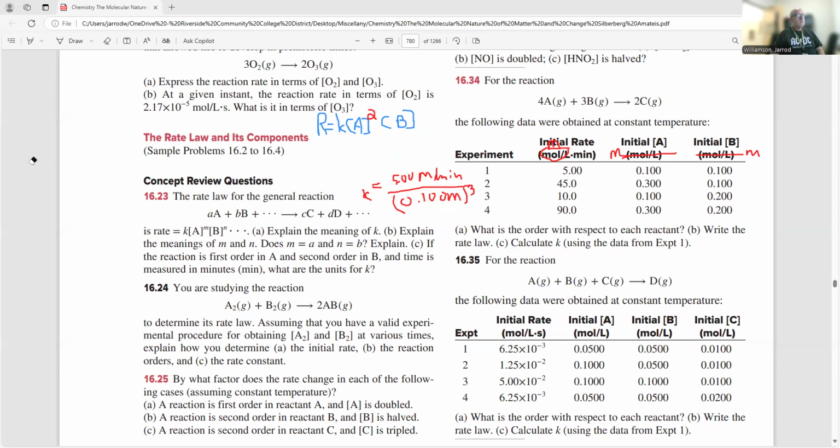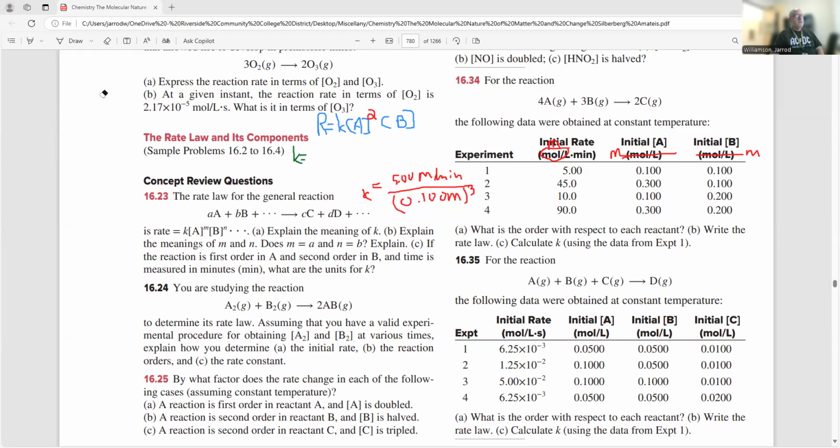Okay. End up with K equals 5,000. And it's to 3 sig figs. So since it's 3 sig figs, I better write this in 3 sig figs.